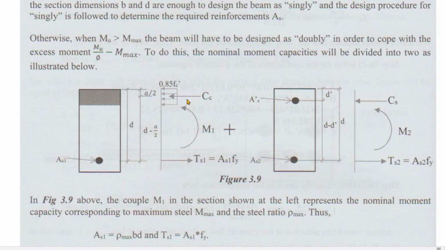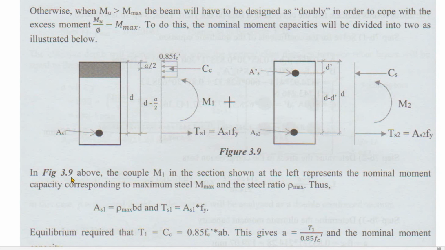Okay? Take note na si SRB, ang compression niya is due to compression concrete only. Tapos, dinagdagan natin siya ng M2. Ito na yung compression due to your A'S. Okay? So, remember, bawat compression meron siyang katumbas na tension. So, si compression concrete magiging T1, si compression steel magiging TS2.